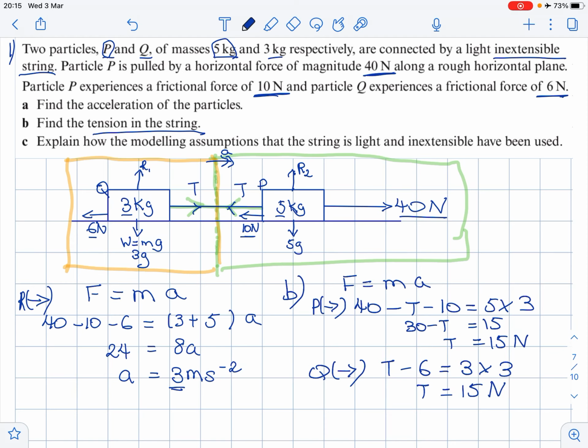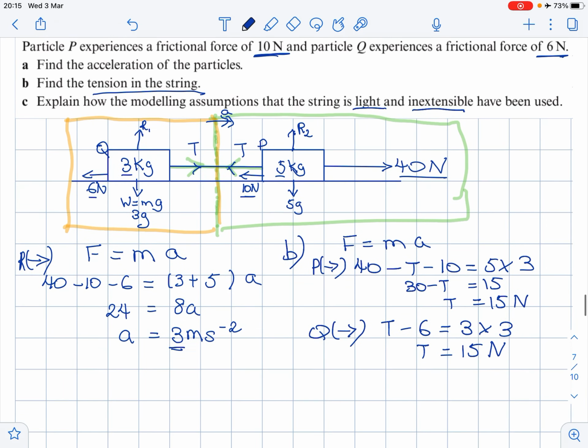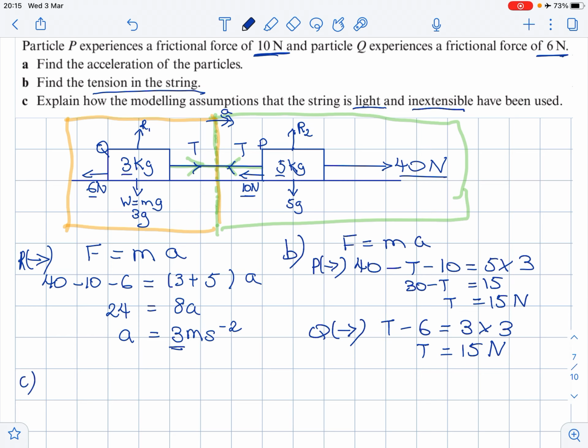And finally, part C: explain how the modeling assumption that the string is light and inextensible have been used. So the word light has been used. The tension is the same throughout the length of the string.